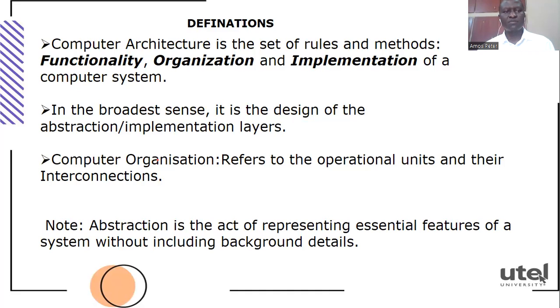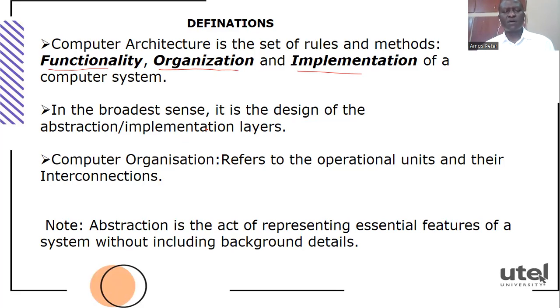Computer architecture could be defined as a set of rules and methods which describes the functionality, the organization, and then the implementation of a computer system. You can see that these 3 words are very fundamental, and that's why they have been highlighted with bold font.